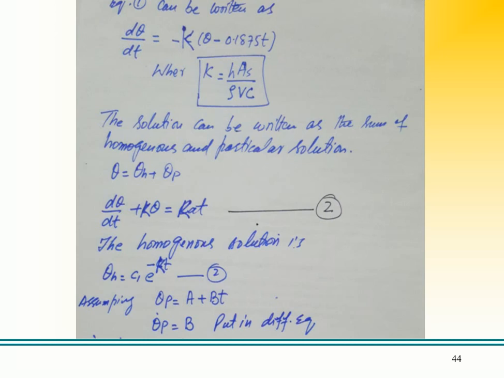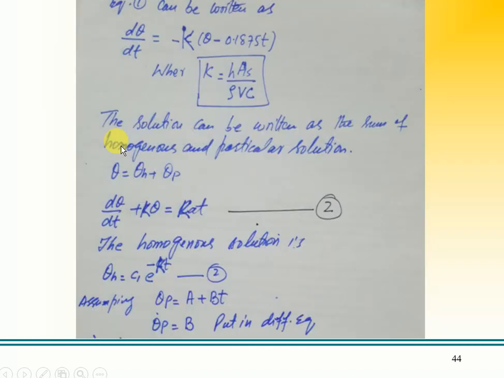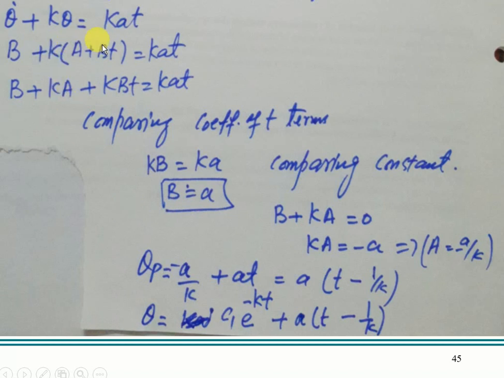Even though a is 0 in our case, we have to take it into account, right? So I find theta dot p, which is equal to b, and we put these values in the differential equation theta dot plus k theta is equal to kat: b plus k times a plus bt is equal to kat.